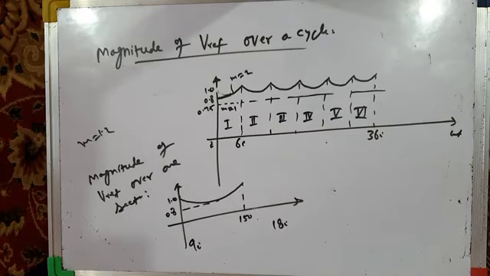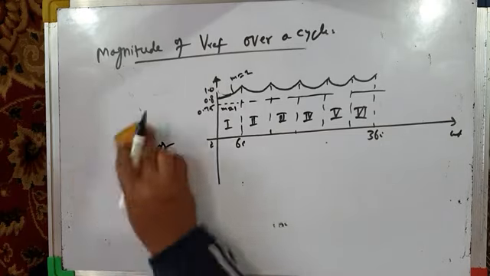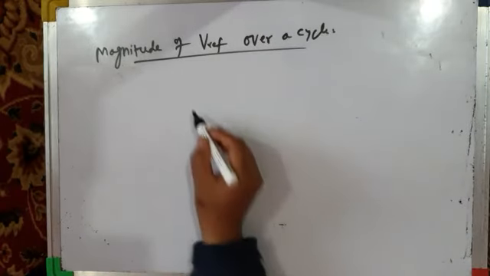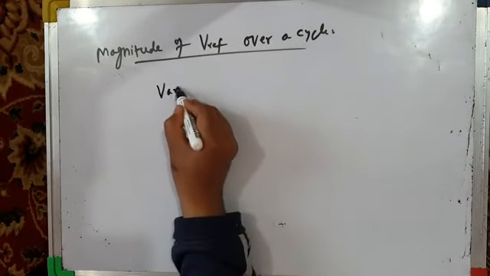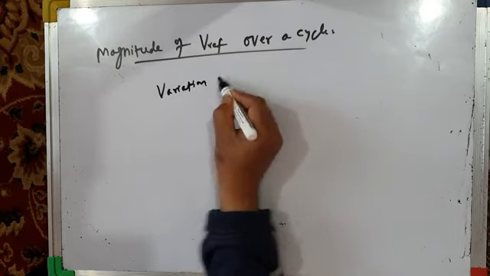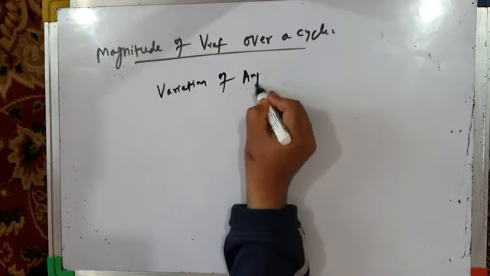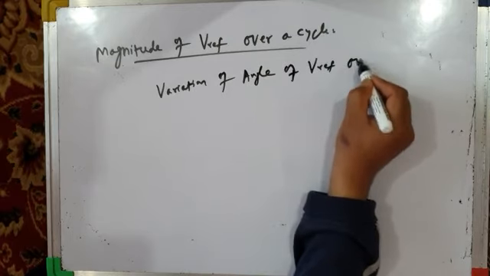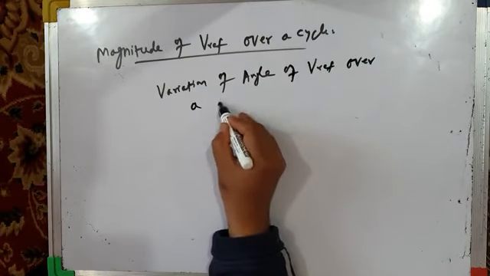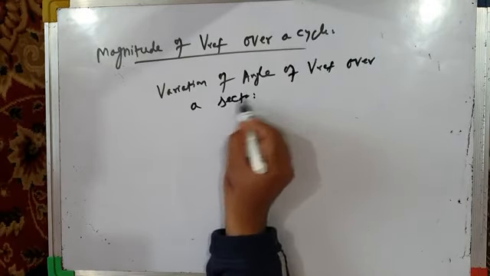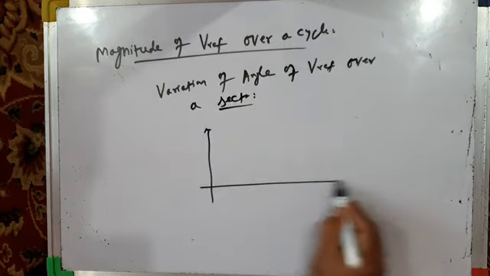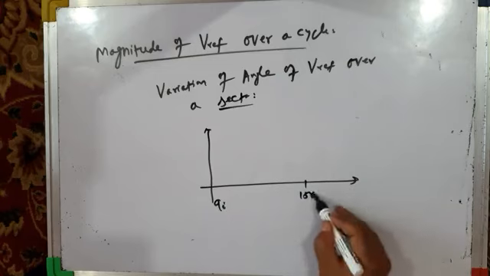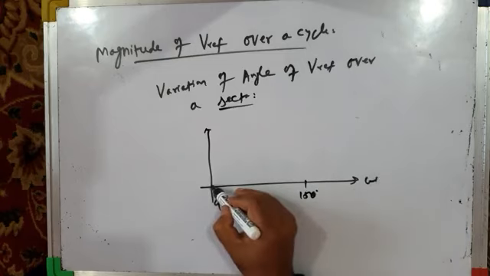And what about the variation of angle? Variation of angle of Vref over a sector, from 90 degrees to, say, 150 degrees in omega t.